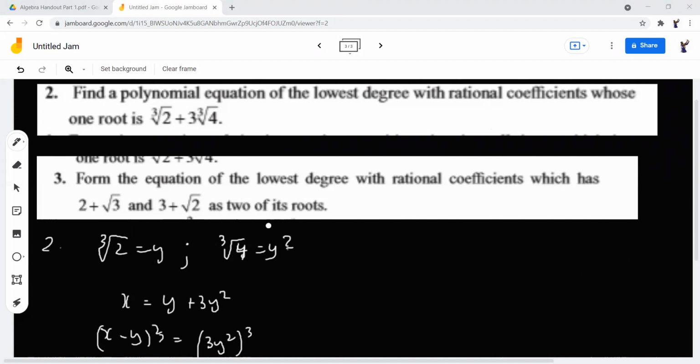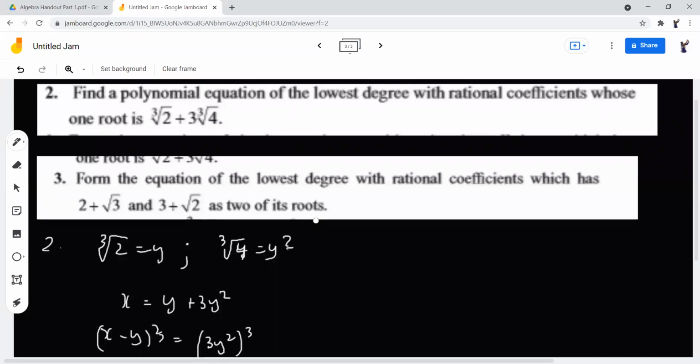I'm going to give 1 minute. I'm giving you another minute. Please solve it. Please solve the second question.